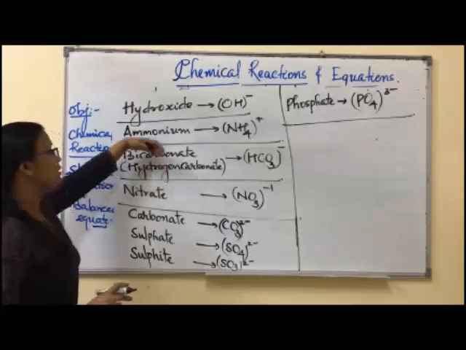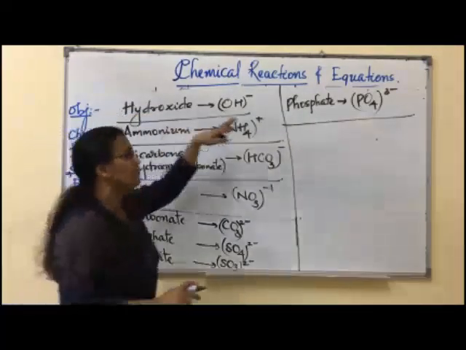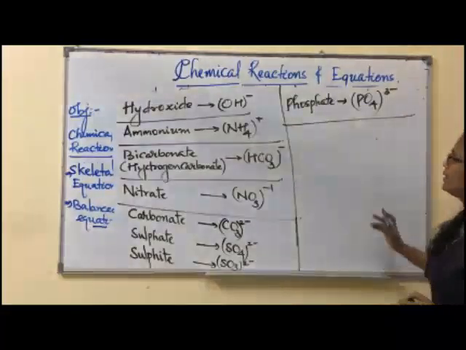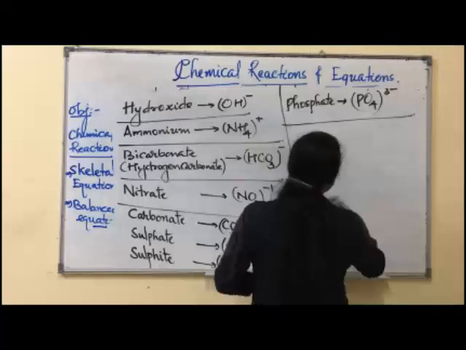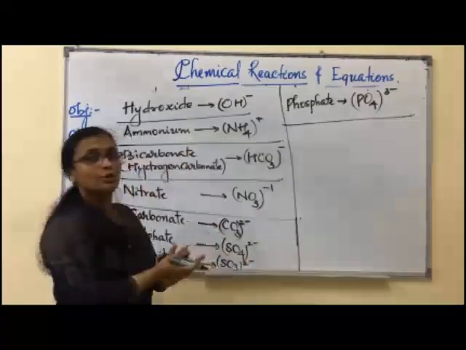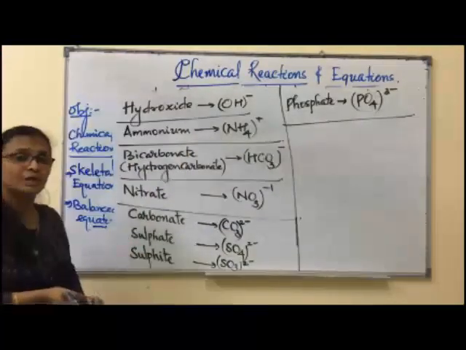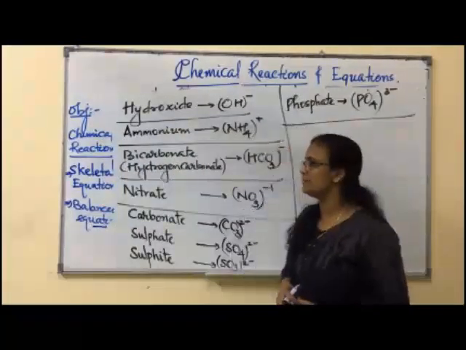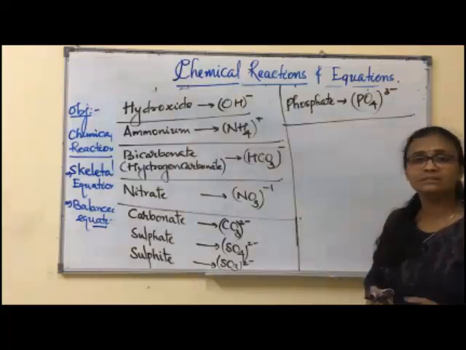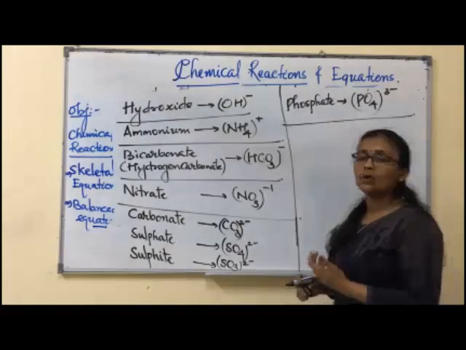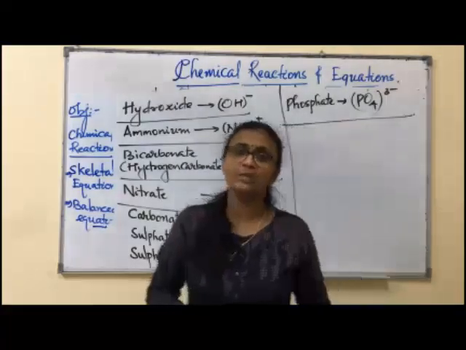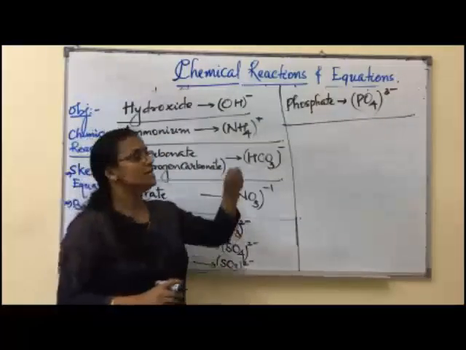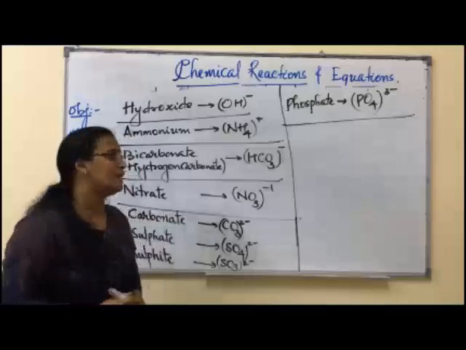There are many more polyatomic ions than this, but these you should remember, as in grade 10 they are required for you. Then there are certain elements I will tell you about. I told you that there are certain elements present between group 2 and group 13. There are 10 groups of elements there, and these elements show variable oxidation states, variable valencies. Variable valency means in a particular compound they show a particular valency, and in another compound they show another valency.